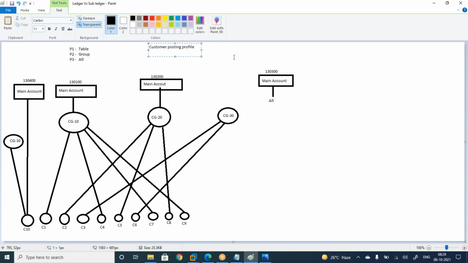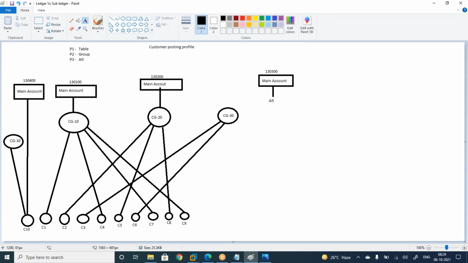Yeah, I have one doubt. Yes, please. Here, all means this main account, ledger 130, all will be connected to this main account? No. Here all means, suppose in the system there is customer group 40. For customer group 40, we don't have any main account. We have not mapped them, right?